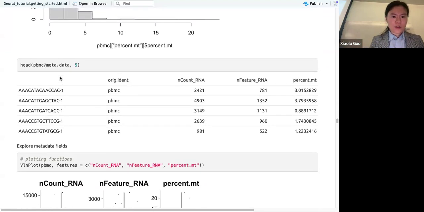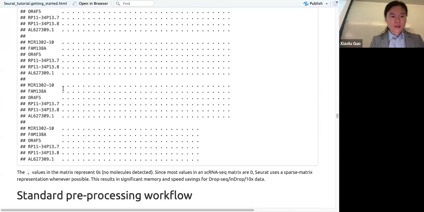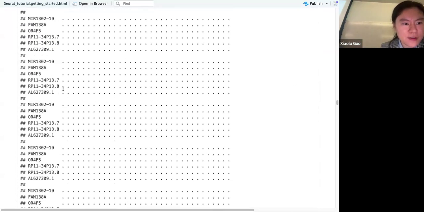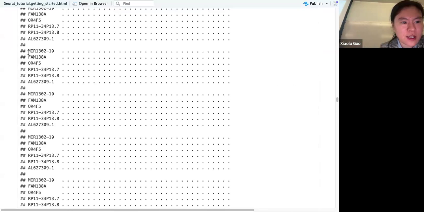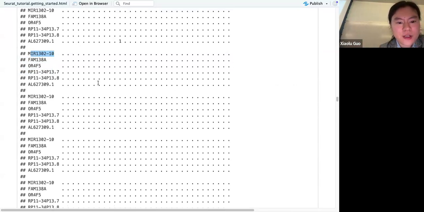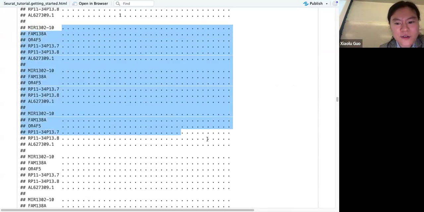So I just want to explain this a little. This is the data. As we mentioned here, these are different genes, and each column is a different cell. We can see a lot of zeros.